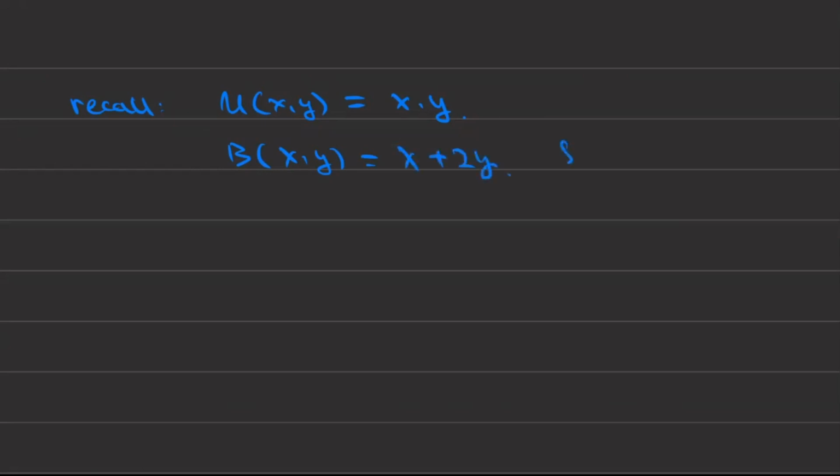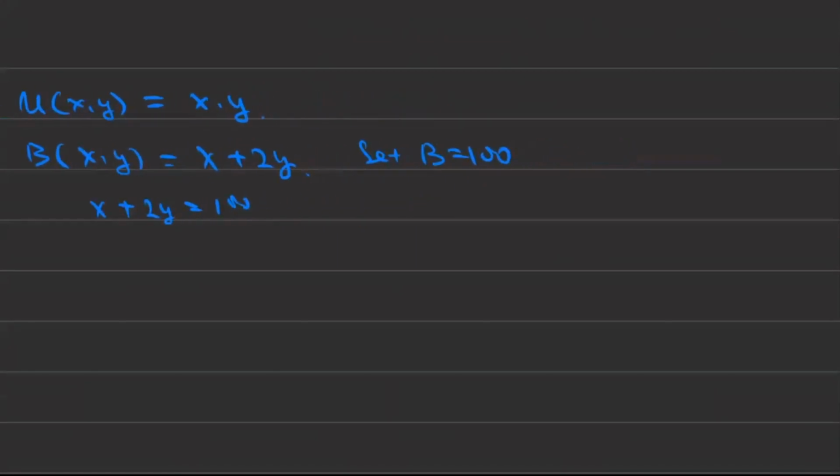We also set b to be 100, and these are all given as premises in the problem statement. Hence, as we've done above, b can also be rewritten as x plus 2y equal to 100. And that is our constraint.